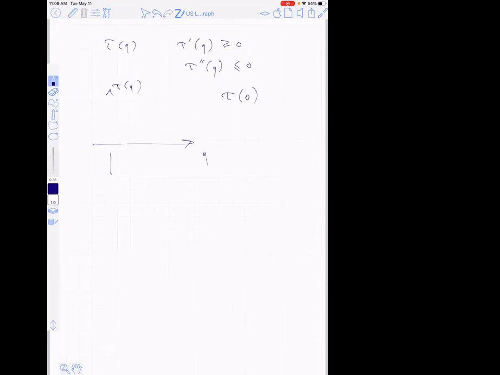Tau of 0 is just minus the dimension of the support of the measure, and tau of 1, by normalization, is just 0. So if you put 1 here and minus d here, the curve goes through these two points, and generically it's not a straight line, it's something like this. There are all kinds of possible behaviors for large and small values of q, but let me avoid this, as it will take us far away.